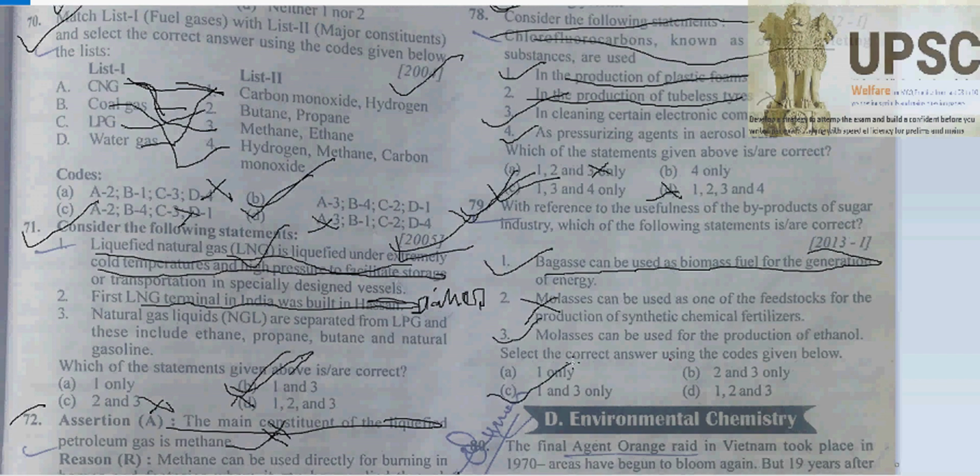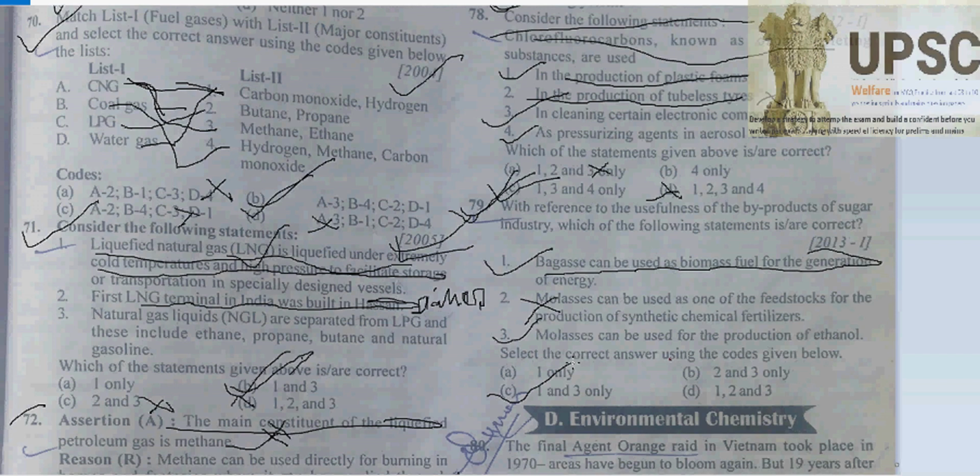Why is it so? Because bagasse is often used as a primary fuel source as it produces sufficient heat energy. So there is no doubt that bagasse produces energy. Yes, molasses can be used for the production of ethanol. Ethanol is produced by the age-old technique of fermentation of cereals, grains, and molasses, and other material with high sugar content.